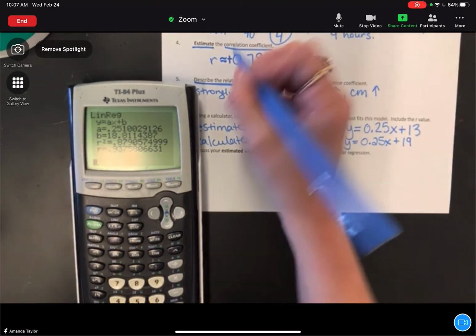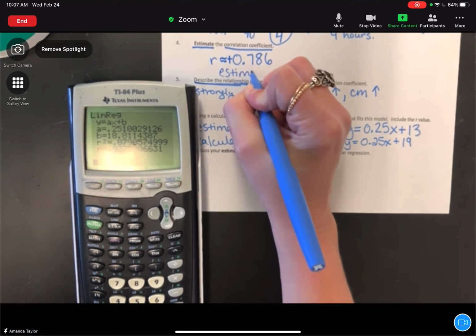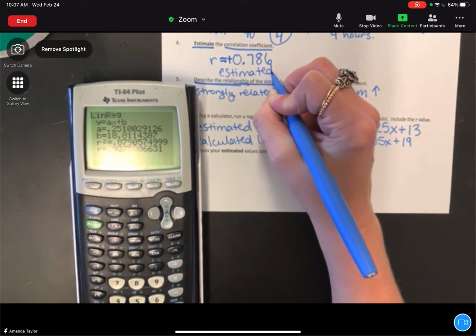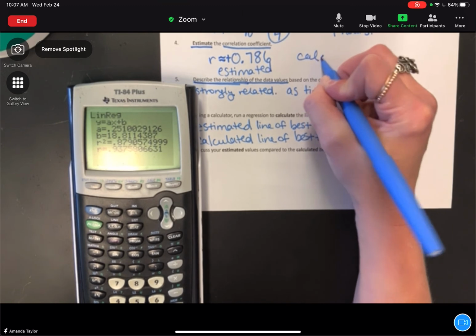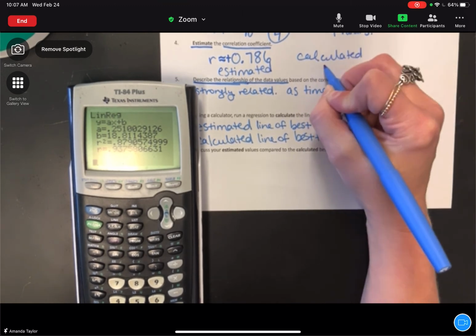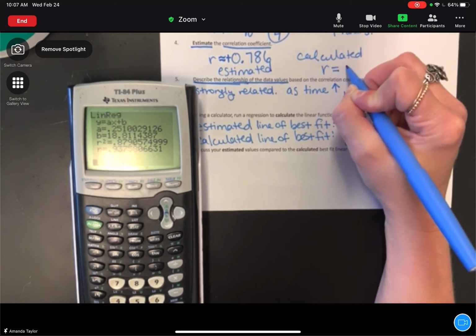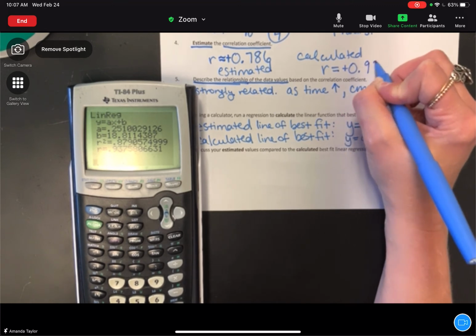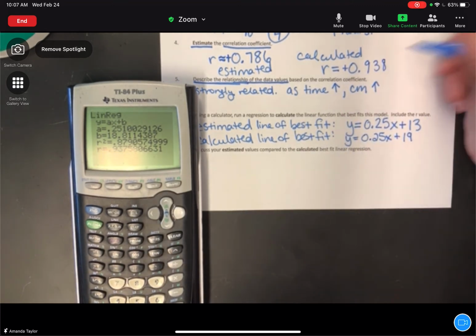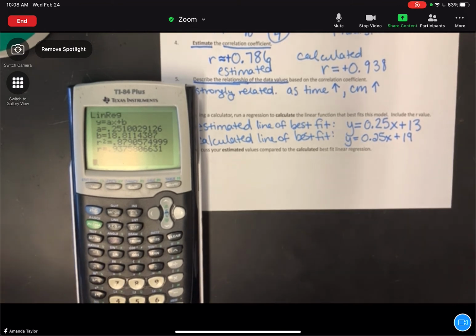This is the estimated correlation coefficient, back up on number 4, and the calculated one is r equal to positive 0.938. So it was a lot stronger than I thought it was, or we thought it was. If you thought it was 0.9 something, good job for you. I thought it was 0.8 something.